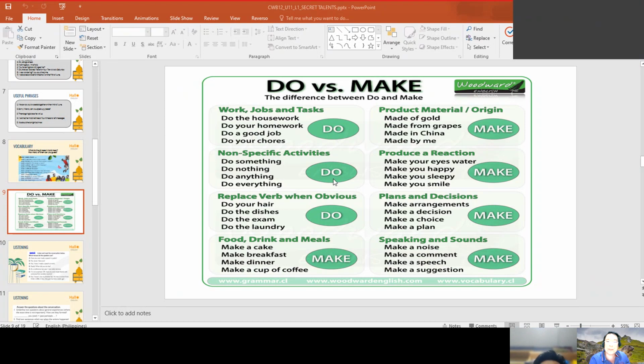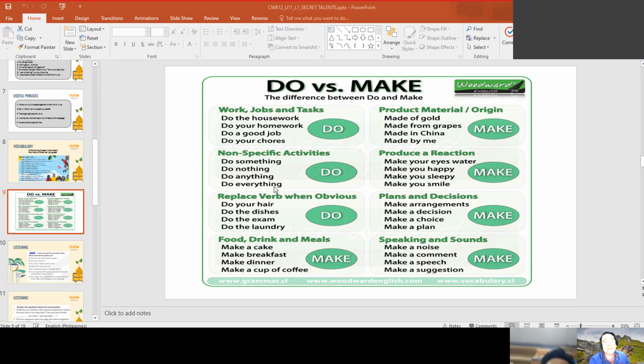We also use do for non-specific activities. For example, do something. We're not going to say make something, but the correct one is do something. Do nothing, do anything, do everything.